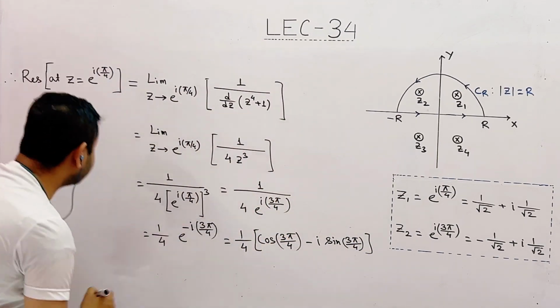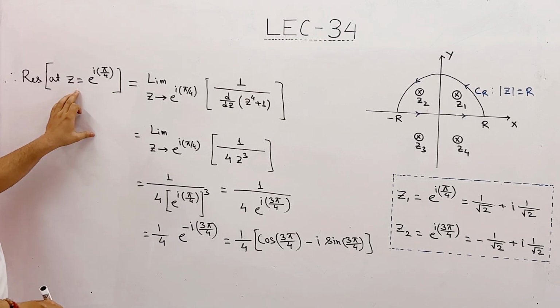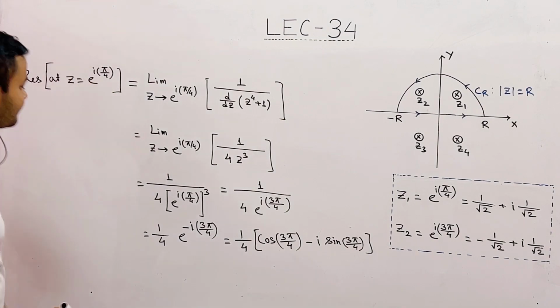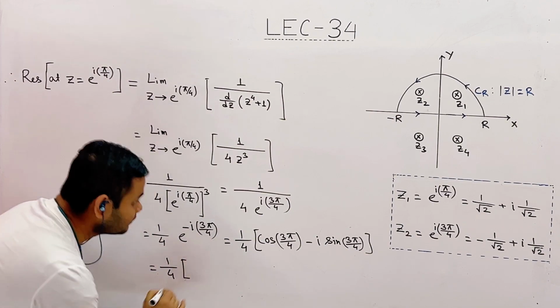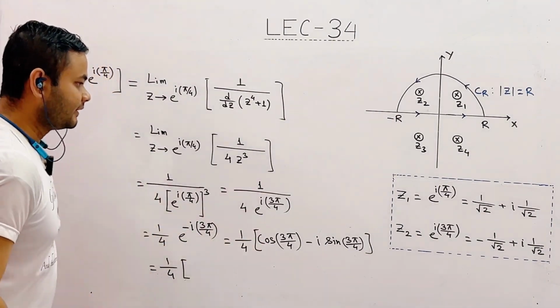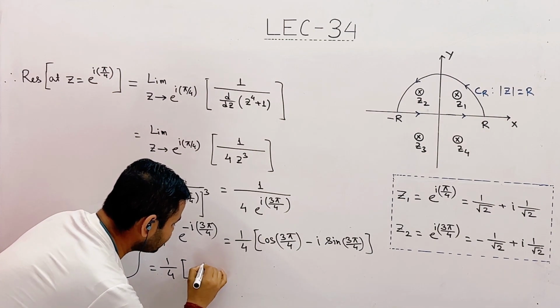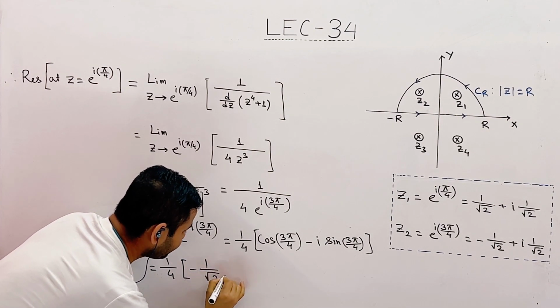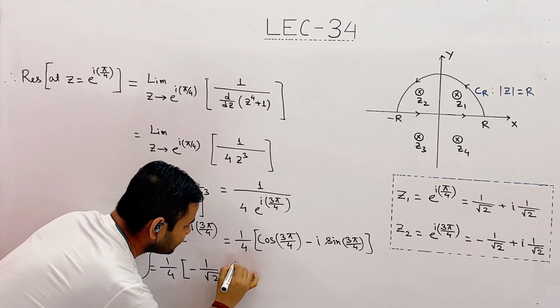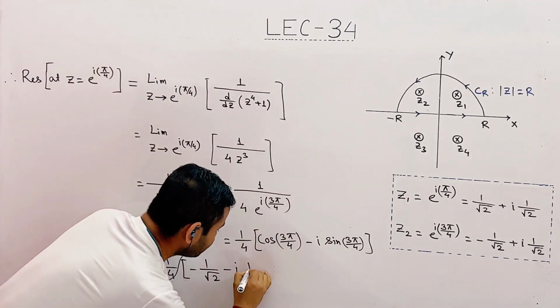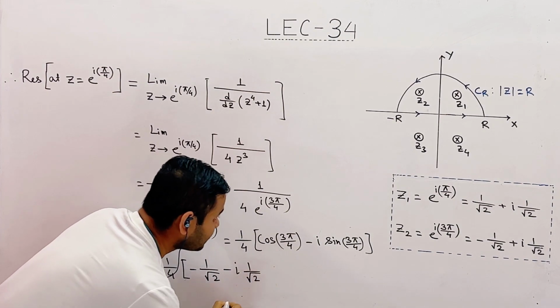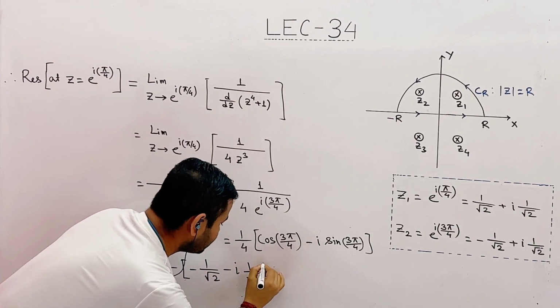So, finally, we get the residue at z equal to e to the power iota into pi by 4 as 1 by 4 into cos 3 pi by 4, whose value is minus 1 by root 2, minus iota into sin 3 pi by 4, whose value is 1 by root 2.